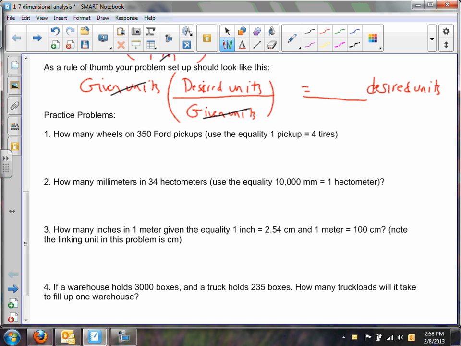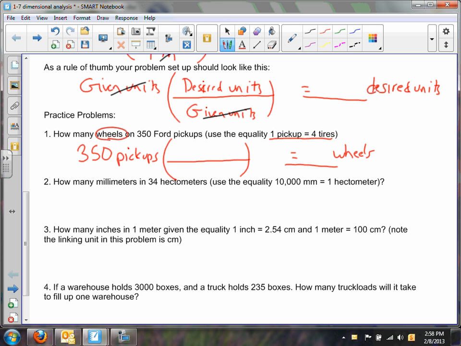In this case, I'm given 350 pickups, and I desire to have how many wheels are there. Well, to set this up as a conversion, here's my number. 1 pickup is 4 tires.